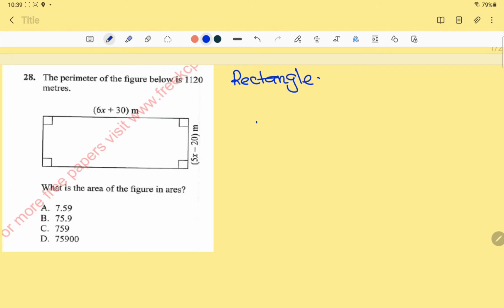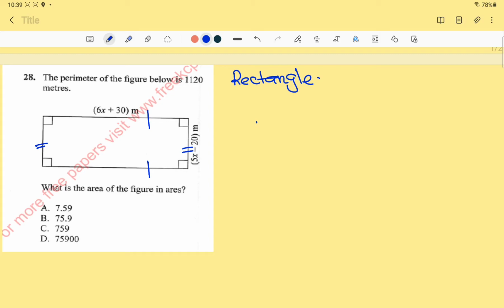And we are given that one of the sides is 6x plus 30, the other side is 5x minus 20 meters. We know that this side and this side are equal, and this side and this side are equal because opposite sides of a rectangle are equal.